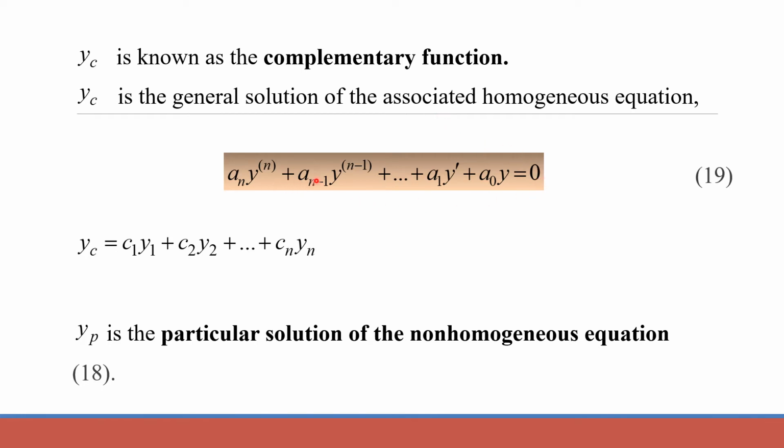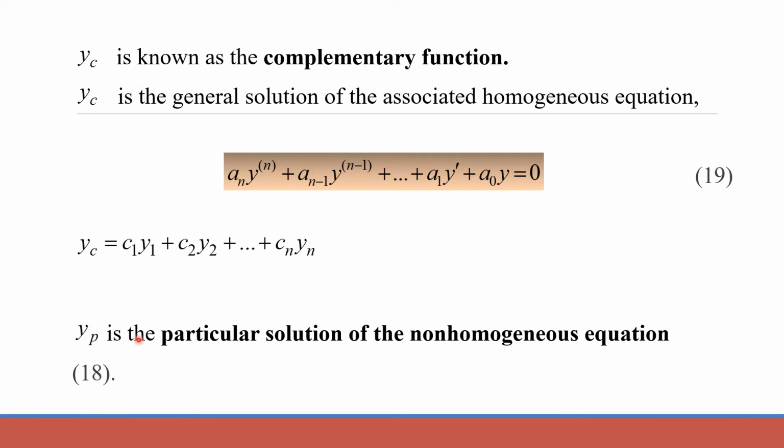Since this is a homogeneous equation of nth order, we can get the general solution, which is in the form c1y1 plus c2y2 plus some terms in between plus cnyn. And this general solution is known as yc, the complementary function.